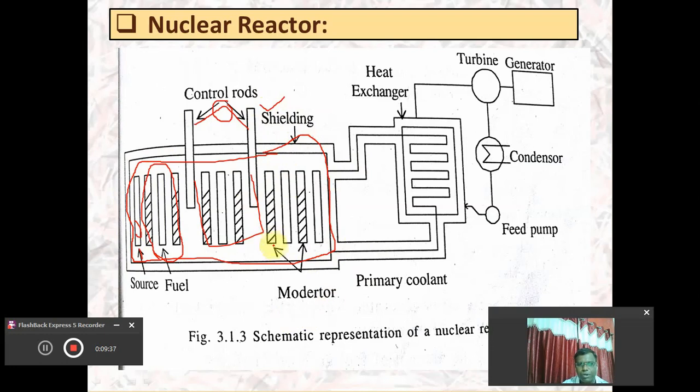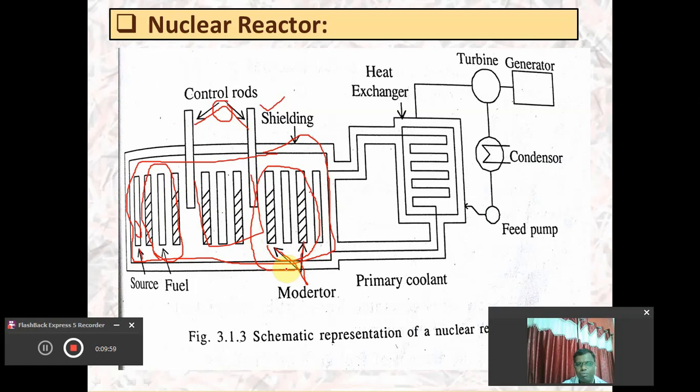And again, the moderator: these are the materials or substances which are responsible for converting fast neutrons into slow neutrons.